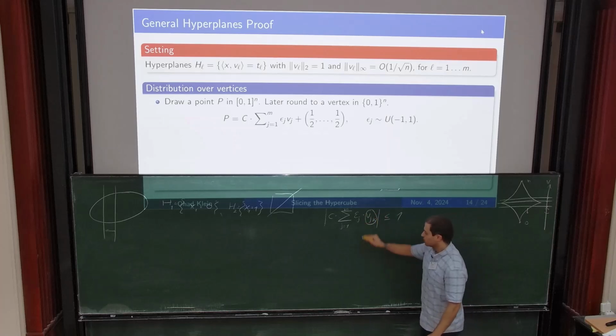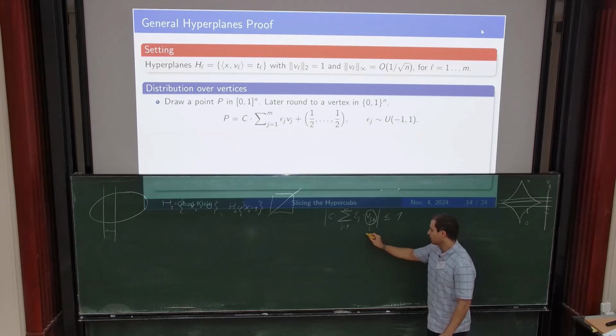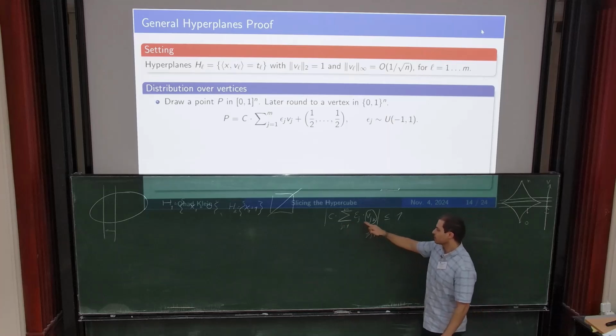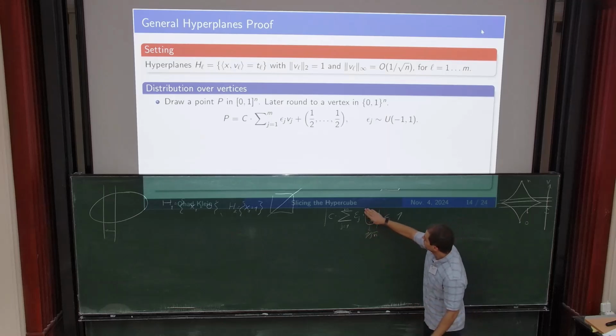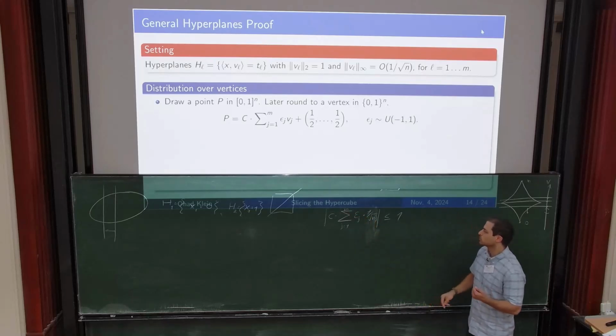Now, in the generic case, recall that we assume that these values are about 1 over square root of n. So we have here just a sum of independent random variables. For the worst case, we can assume the coefficients are just 1 over square root of n. We have a sum of m such random variables.